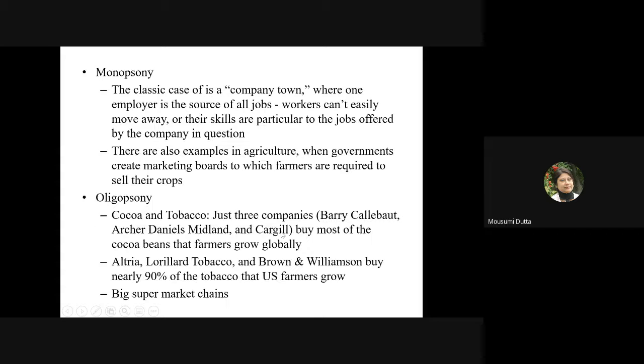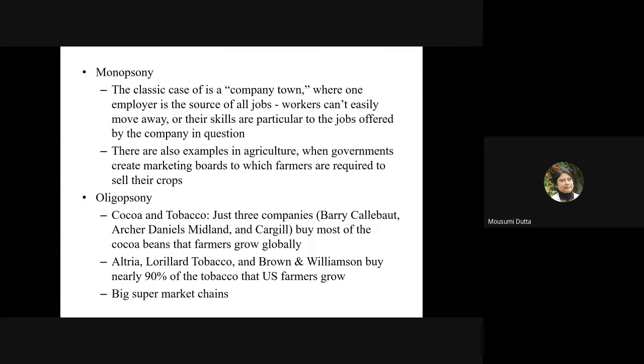So, the classic case is a company town, where one employer is the source of all jobs. So the employer is buying the labor. Workers can't easily move away, or their skills are particular to the jobs offered by the company in question.